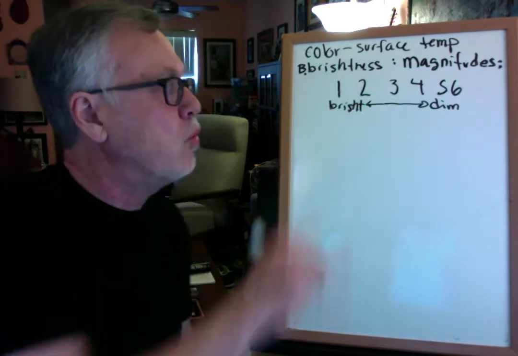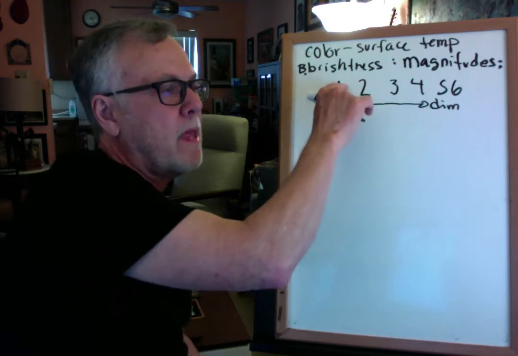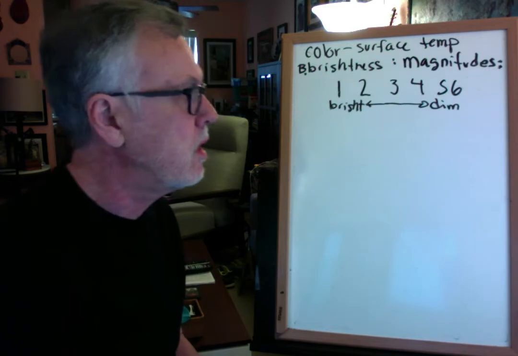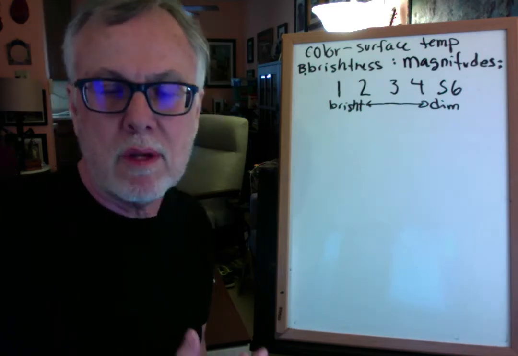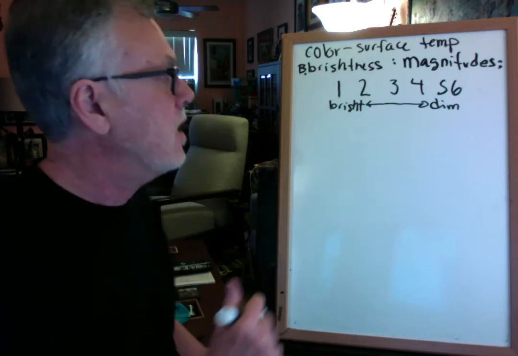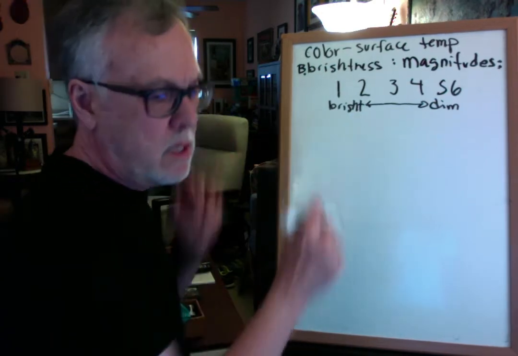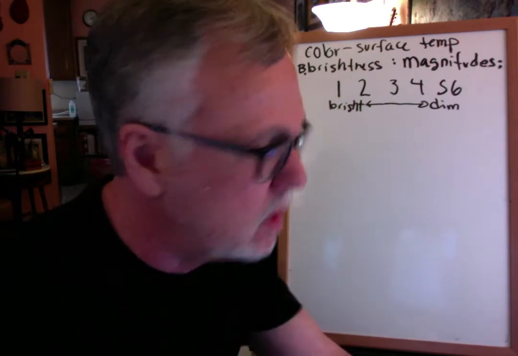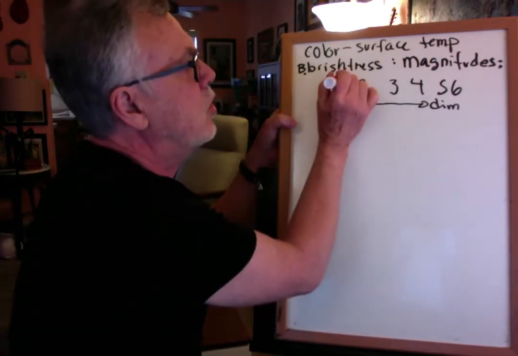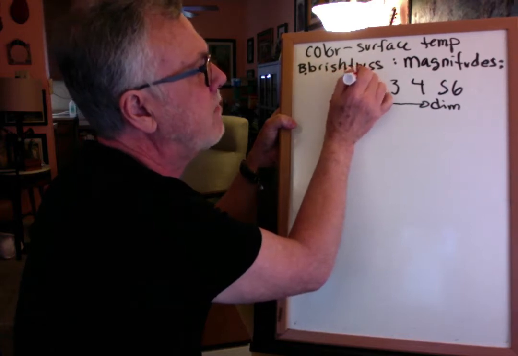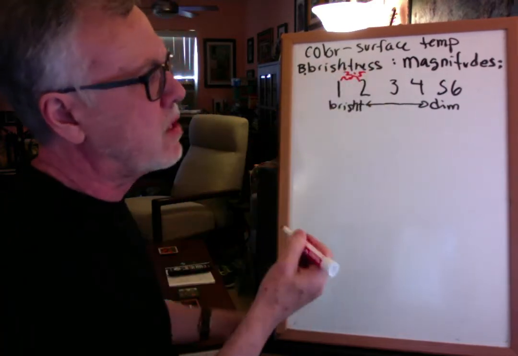We assign one star a certain brightness, and then we assign these other magnitudes, that's what they're called, to stars that are a certain amount dimmer than the one before that. And it turns out the way that this is done is that a 2 is roughly 2.5 times dimmer than a magnitude 1.